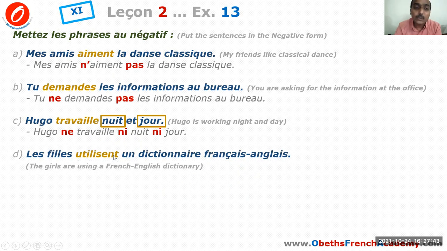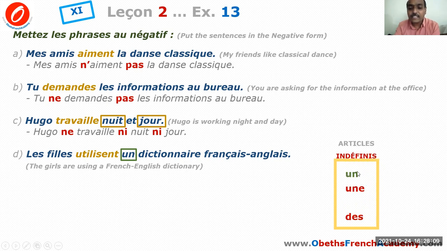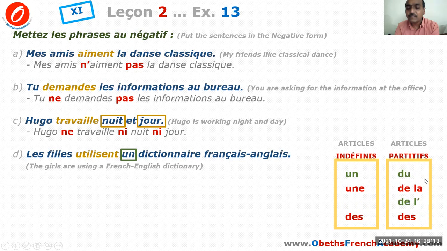Now here we need to put as usual ne before the verb and pas after the verb. But please remember there is an indefinite article. After the verb there is a noun, a French to English dictionary, but this noun has an indefinite article. So if there is an indefinite article, please remember we need to change all the indefinite articles and the partitive articles.